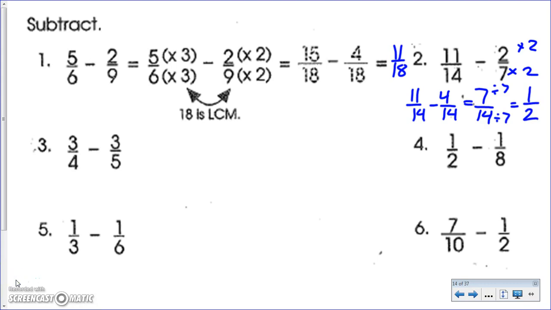For 3, we have 3/4 and 3/5. So we know 20 is the least common multiple for 4 and 5. So we're going to multiply the 3/4 by 5 on the numerator and the denominator to get up to 20ths.